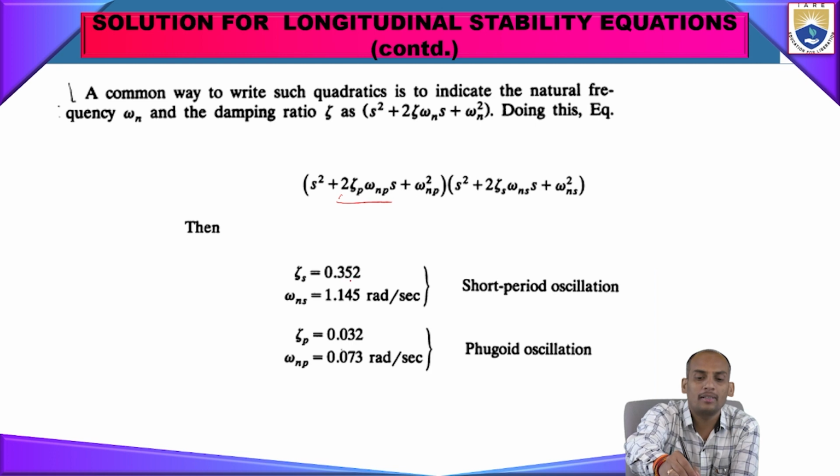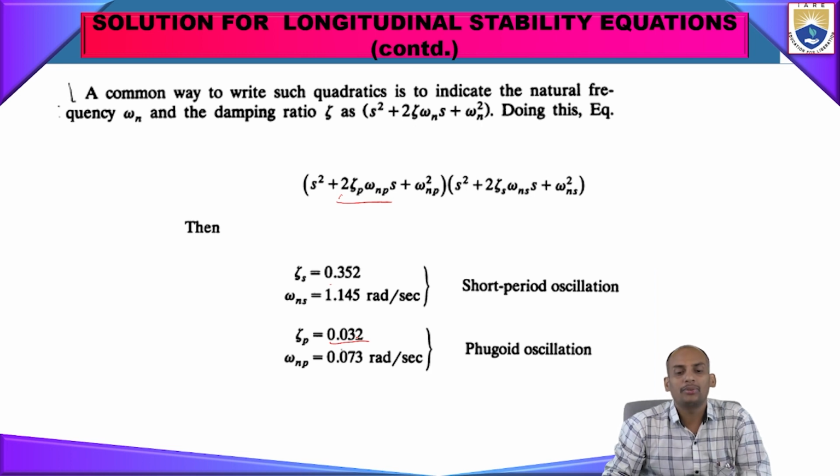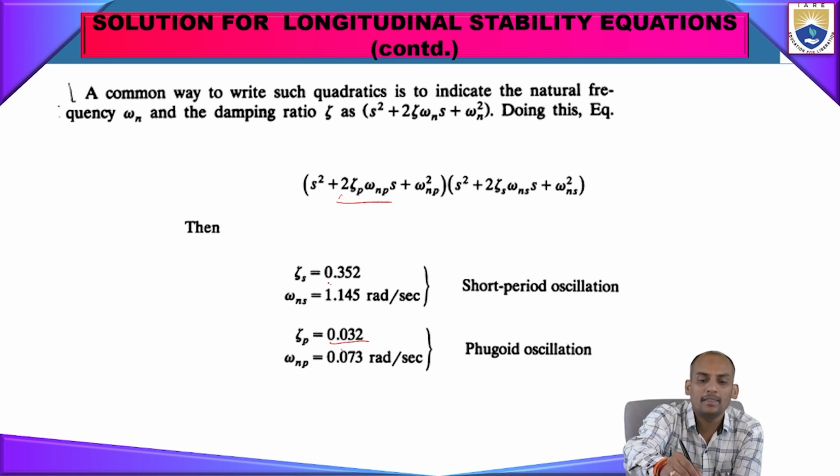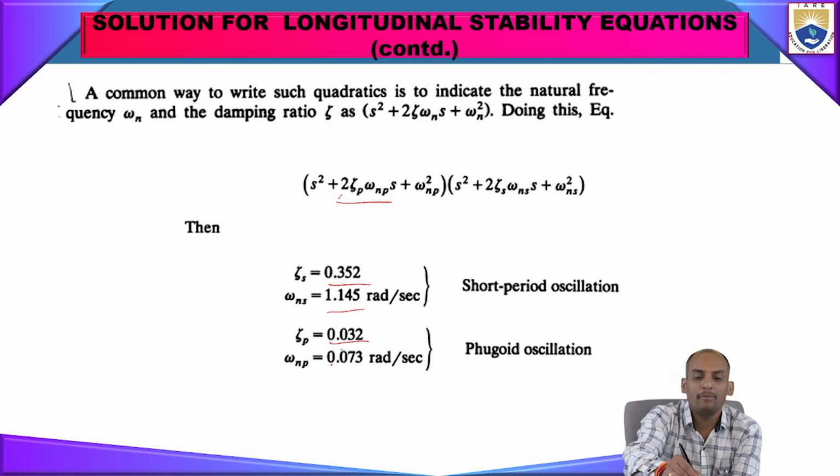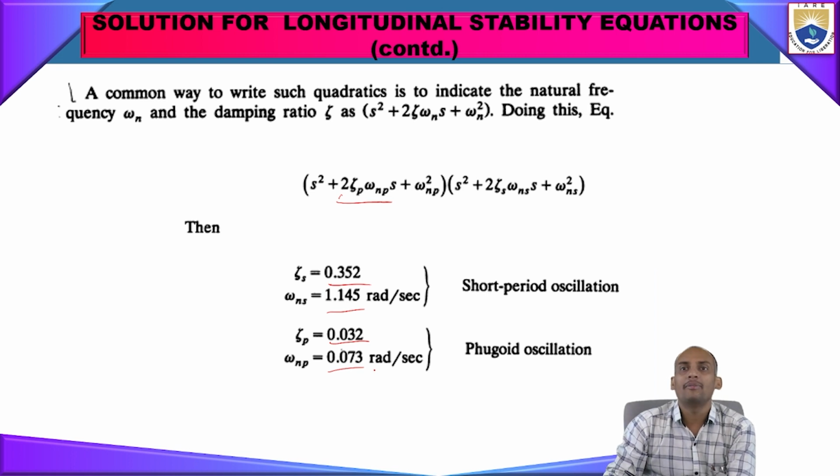So you will get the values: zeta p will be 0.032, zeta s will be 0.352, omega ns will be 1.145, and omega np will be 0.073.